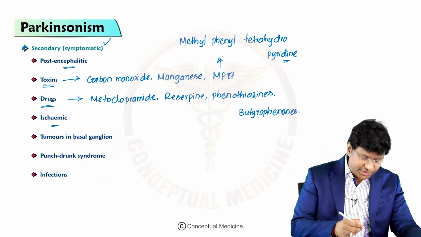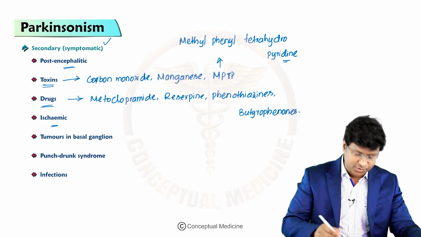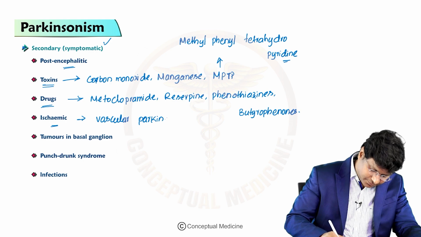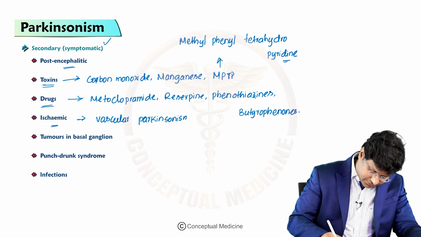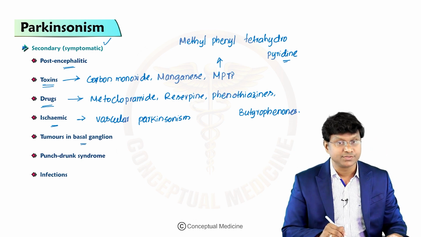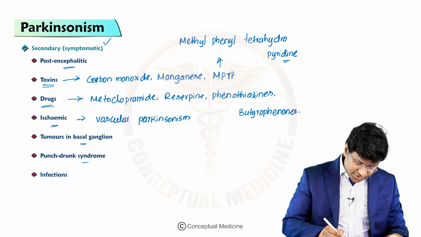Secondary to ischemia, there can be development of Parkinsonism, and that we call vascular Parkinsonism. Even tumors in the basal ganglia can cause Parkinsonism, and so can punch drunk syndrome.